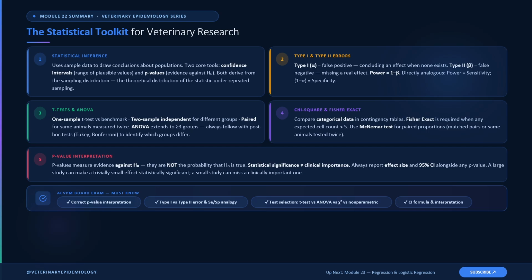T-test for 1 or 2 groups, and ANOVA for 3 or more, always followed by post hoc tests like Tukey. 4. Chi-square and Fisher exact for categorical data, with McNemar for paired proportions. And 5. The big one. P-values measure evidence against the null. They are not the probability that the null is true, and statistical significance is never the same as clinical importance. Master those 5 ideas, and the board questions are going to feel a lot friendlier.